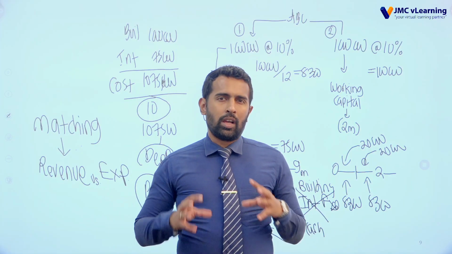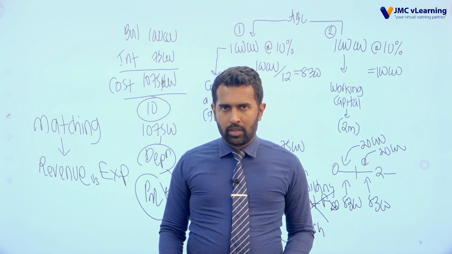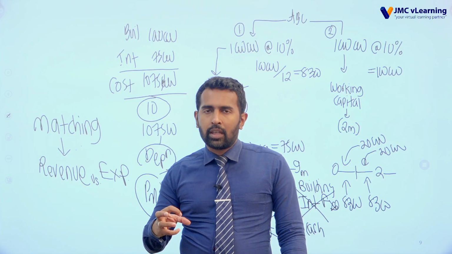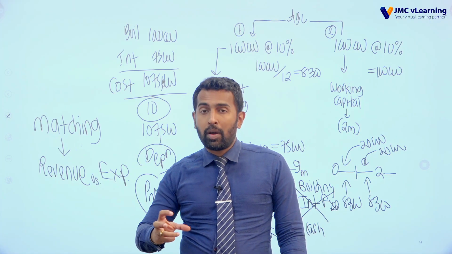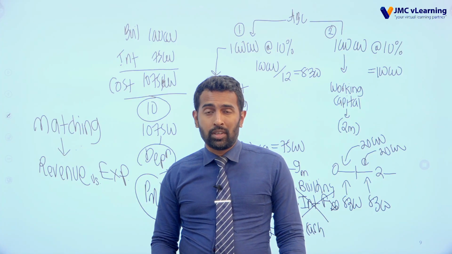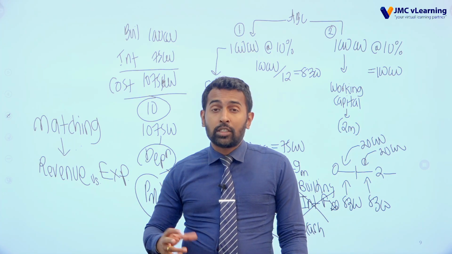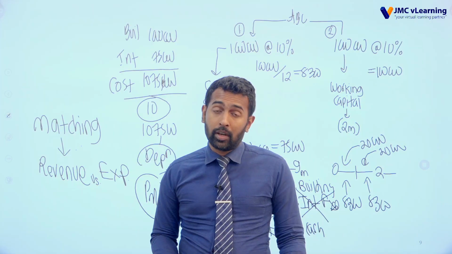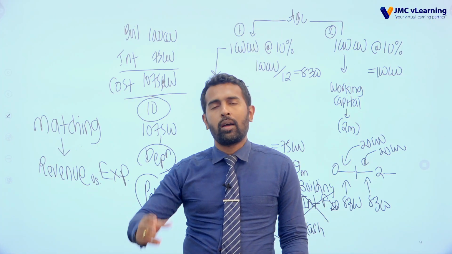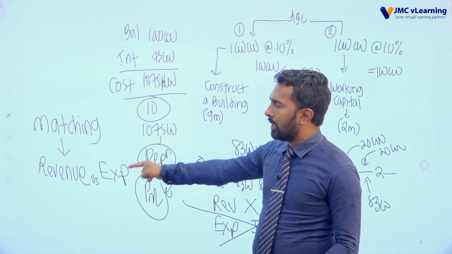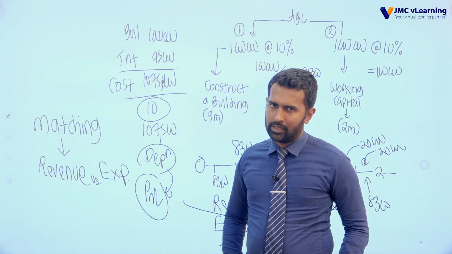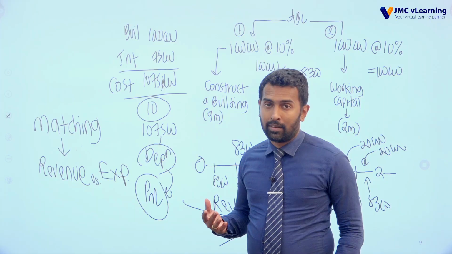So if an asset takes a substantial period of time to be created, then the interest for that construction period, rather than charging it to profit or loss, capitalize that to the asset. Thereafter you can charge it to profit or loss through depreciation, a share at a time, so that you meet matching. So you will be able to match the revenue and the expenses. That's the simplest idea of borrowing cost.